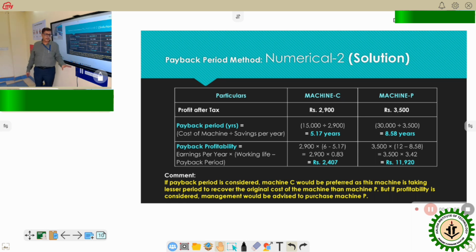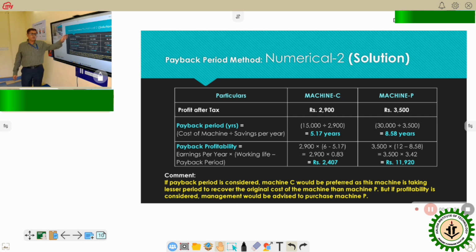Now here, which machine should be accepted and which machine should be rejected, or say which investment proposal should be accepted and which should be rejected. Let us consider payback period to be the criteria.